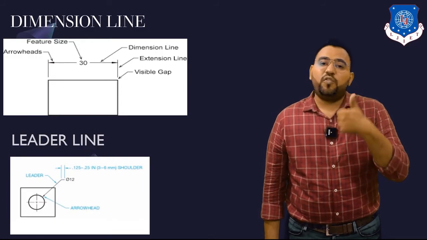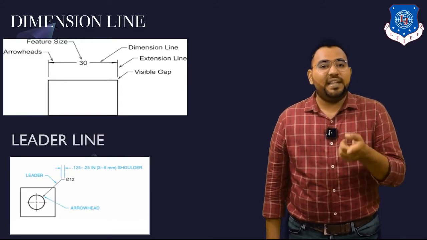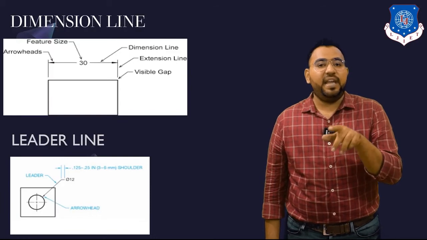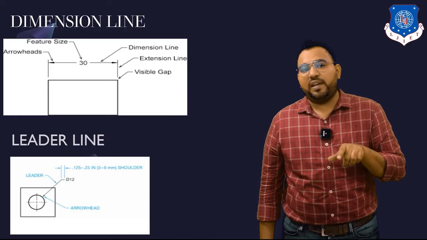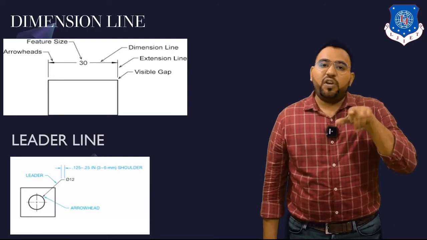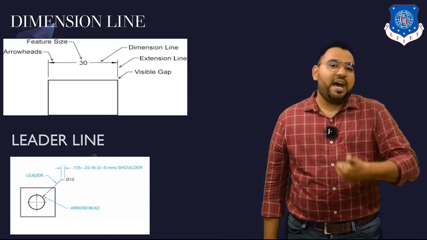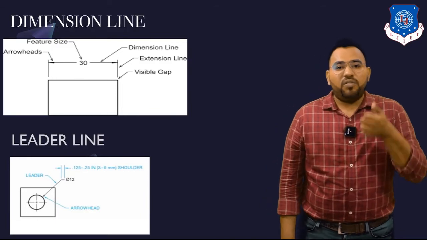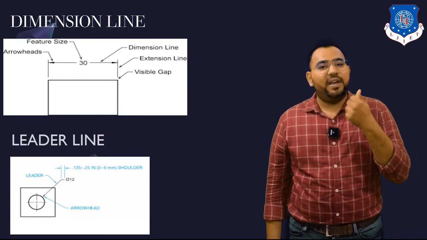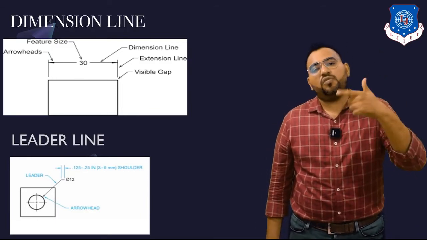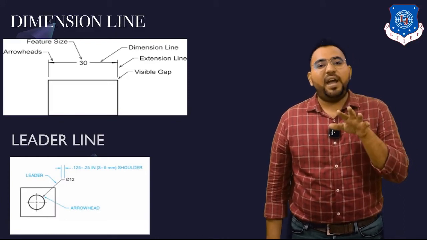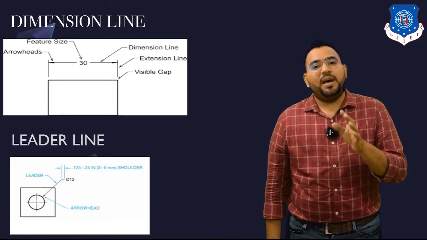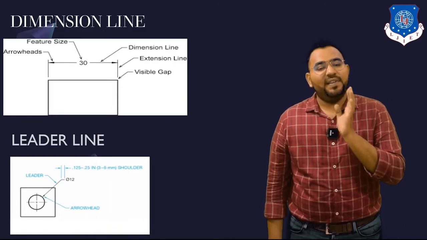The symbol ∅ is used for showing the diameter of a circle, so it shows that the circle in the figure has a diameter of 12 mm.